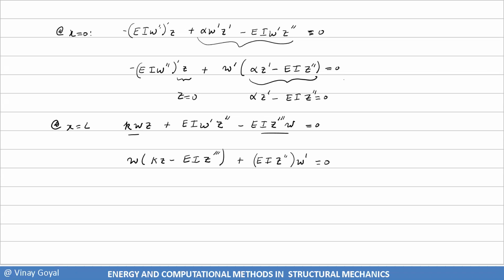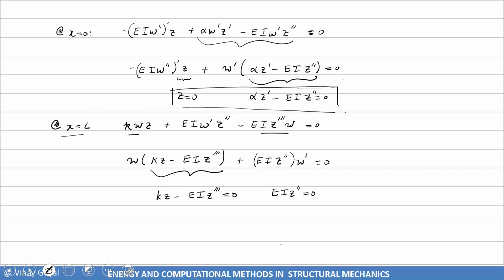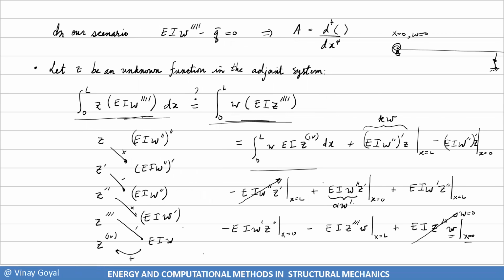And for me to make that equal to 0, this needs to be equal to 0. So KZ, and now finally I have EI Z double prime is 0. So those are the boundary conditions at x equals L. If I can set this equal to 0, then I can make the left hand side equal to the right hand side. So I'm able to switch everything from Z to W successfully, and I'm able to make the boundary conditions vanish.